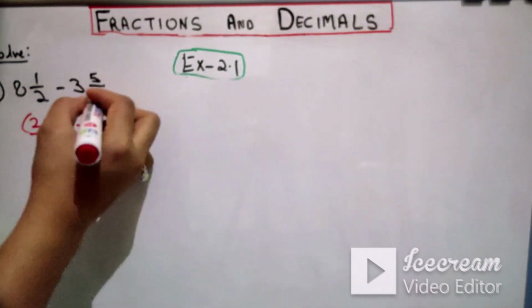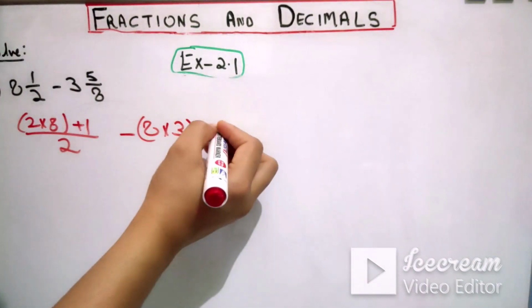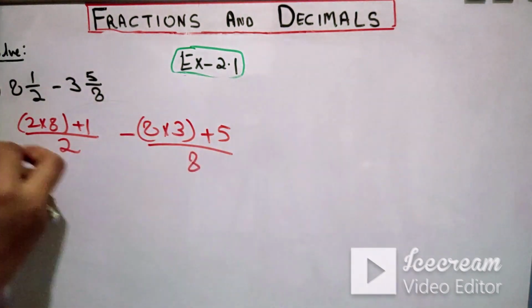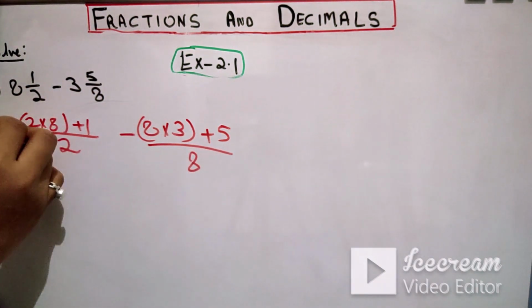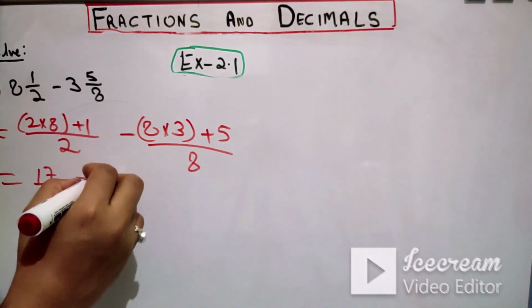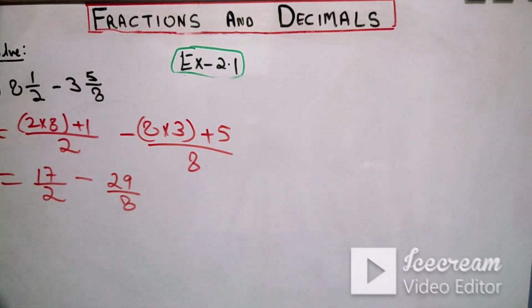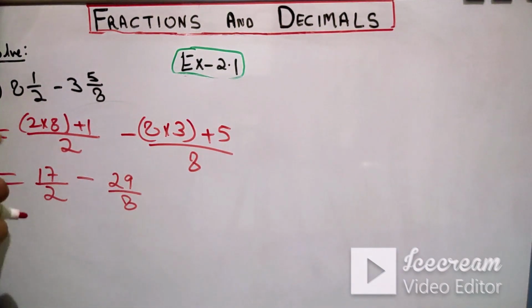Similar is the case here: 8 multiplied by 3, then plus 5 upon 8. We know 8 twos are 16 plus 1, 17 by 2, minus 8 threes are 24, 24 plus 5, 29 by 8. I think we have done it correctly.